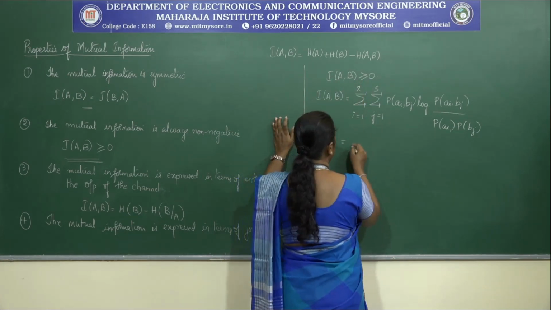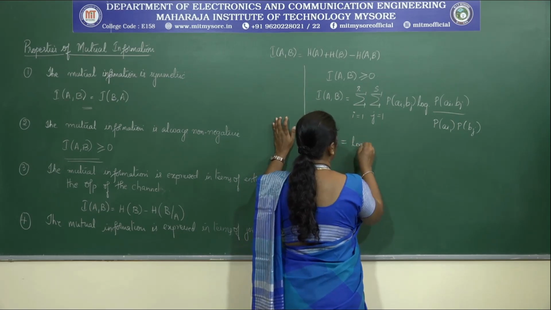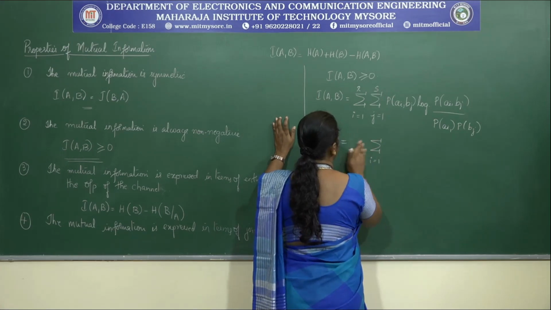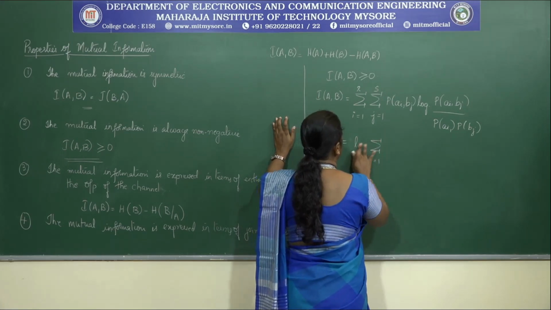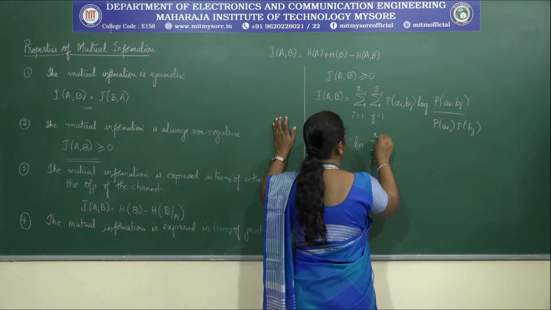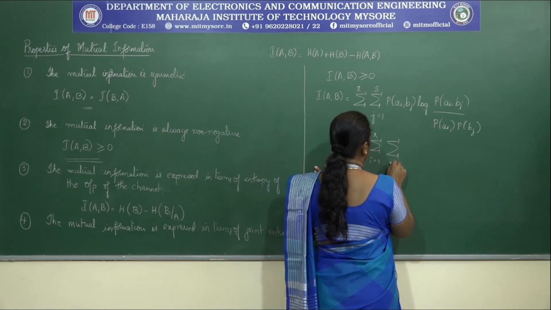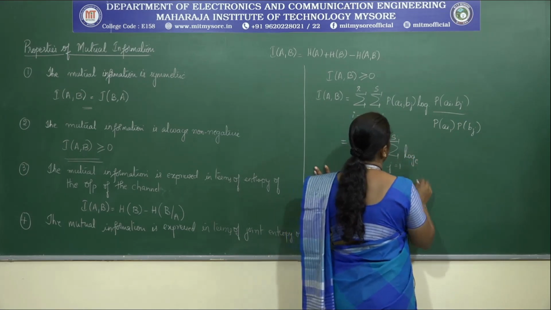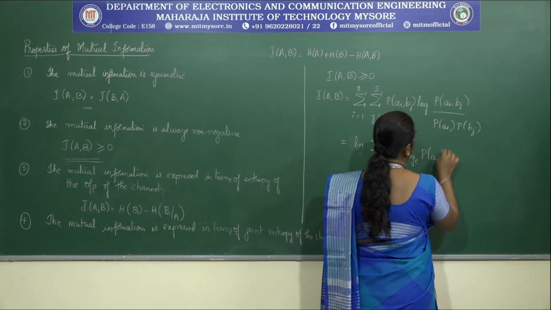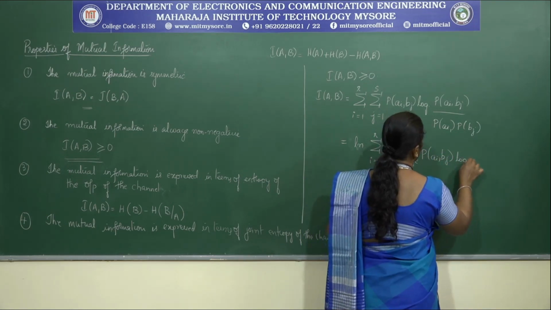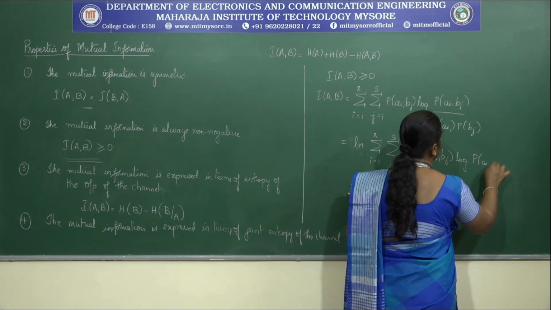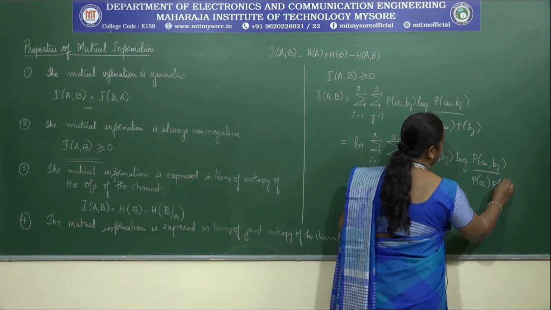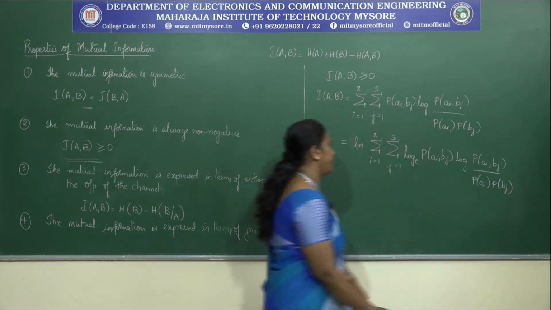Now this equation can be represented in the form of ln, the double summation over i equal to 1 to R, j equal to 1 to S, with log base e, divided by P of Ai into P of Bj.